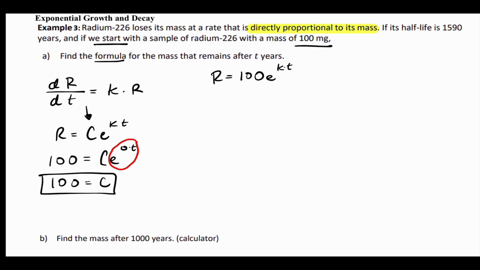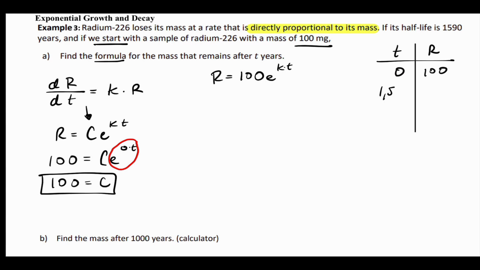All right, so let me make a table. I didn't make a table to begin with. I should have made a table. So we already did 0, 100. So how would I write that other value? 1590 and then 50. 1590 for which one?